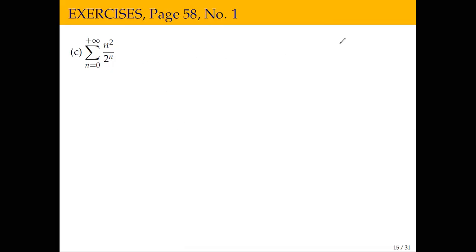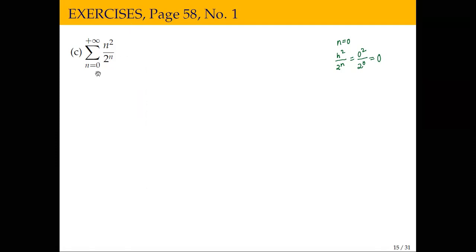When n is 0, what is the value of the term? When n is 0, n squared over 2 raised to n is just 0 squared over 2 raised to 0. So this is just 0. So when n is equal to 0, the value of the term is 0.